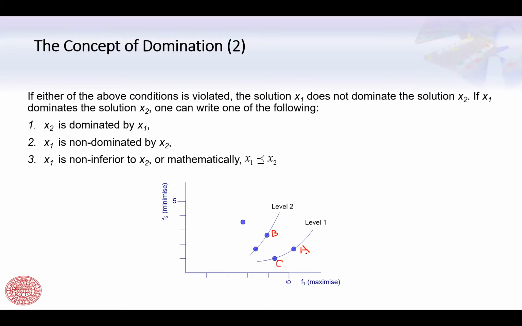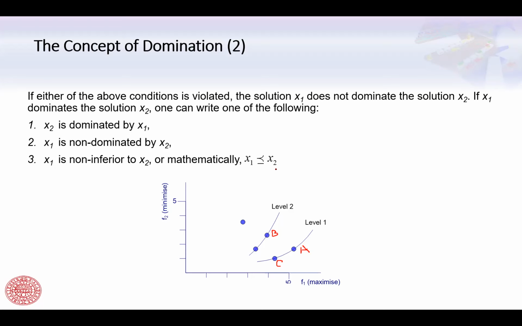Because A has a higher value in f1. But A is actually worse than C in terms of f2. And that's why A dominates C in f1, but C dominates A in f2.